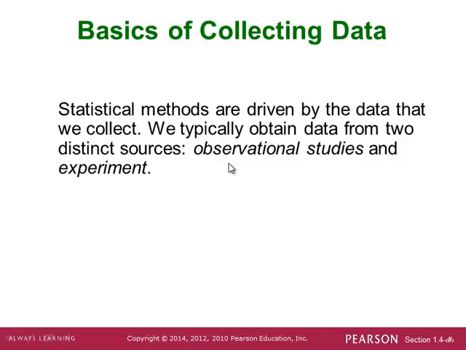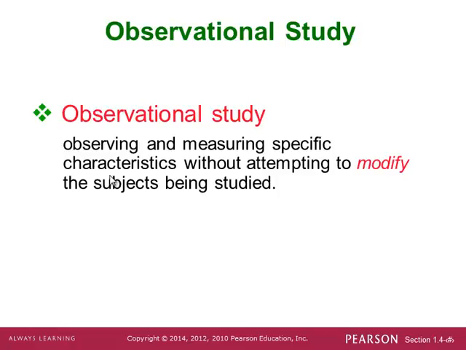Now we're going to be focusing on two different ways of obtaining data, two different types of statistical study. In other words, one way is the observational study, and the other one is the experiment. Now, the observational study, briefly, is the sort of statistical study in which you are not actively changing anything. You're not tweaking anything. You're not changing any dosages or anything like that.